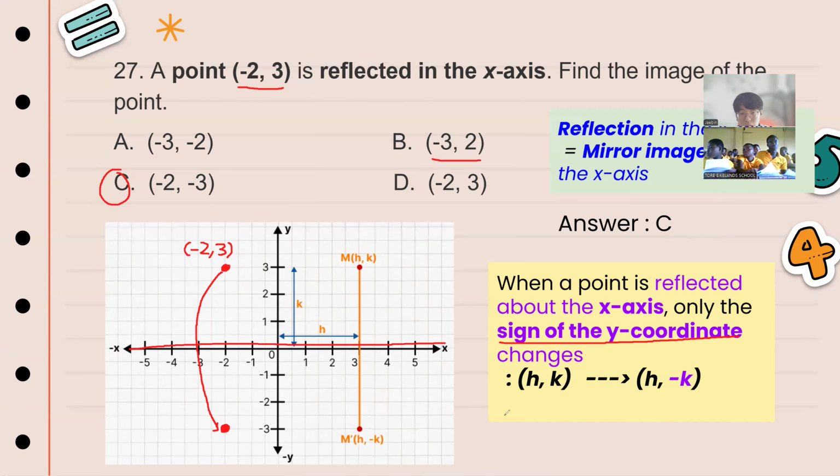So if we had h comma k, this becomes h comma -k. So you had -2 comma 3, this becomes -2 comma -3, just taking the negative of 3.